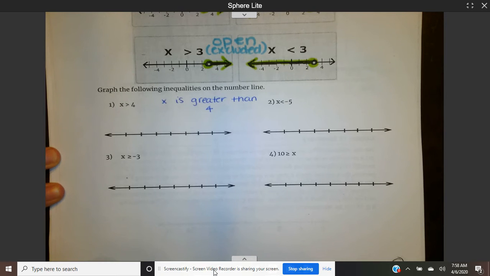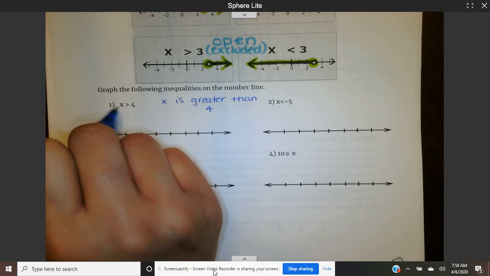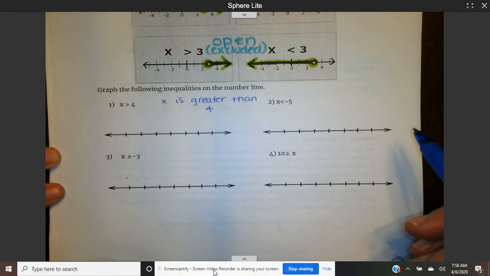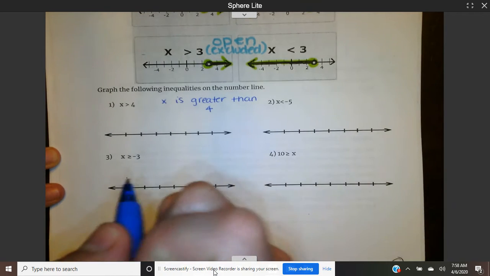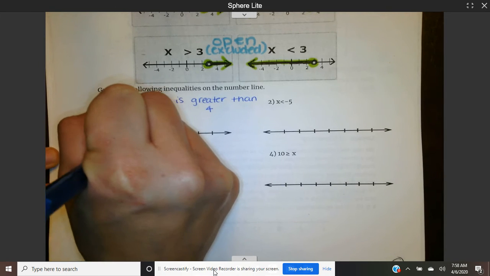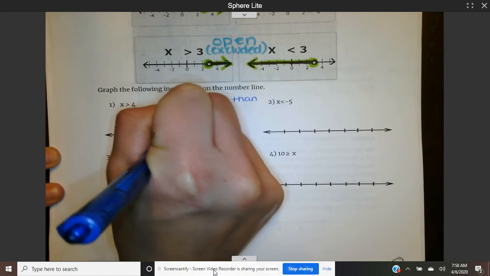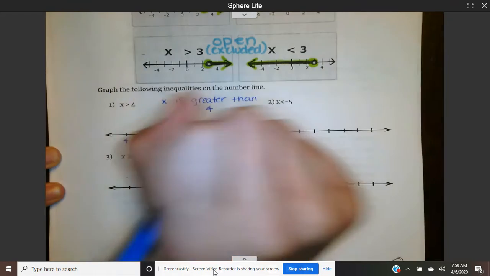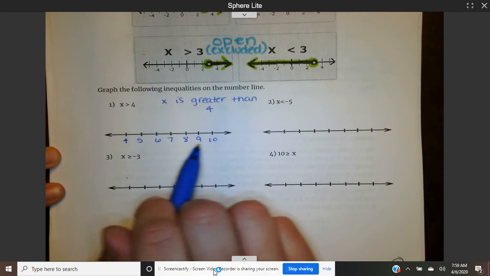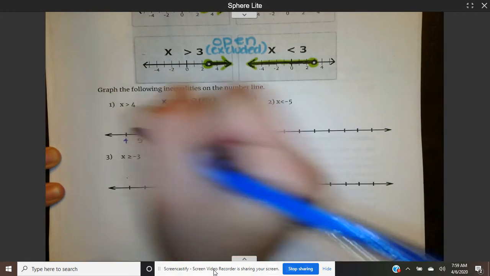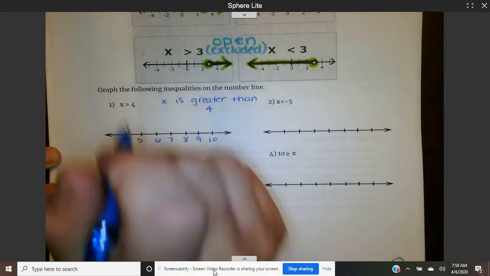Notice that these are all blank. I did that on purpose because depending on what your solution is, that's the numbers that you need. So if it's going to be greater than, I'm going to start with the number 4 and then go 5, 6, 7, 8, 9, 10. Now, if you wanted to do 0, 1, 2, 3, 4, 5, 6, you could do that as well. But I do this just so I can better represent this.